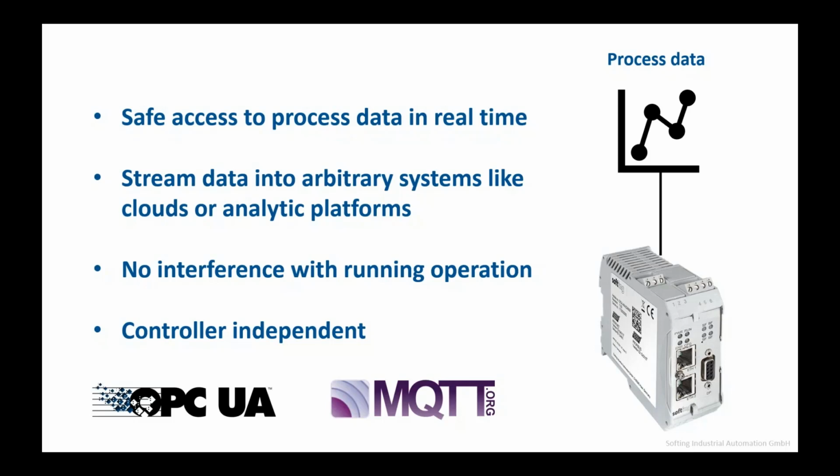Because of course, when we're talking about process data, we are directly sitting inside the automation network, and there is a lot of stuff that is critical, crucial, and can't be harmed by hackers or whatever. Cybersecurity is a big issue by now, of course, and you don't want any people to get in without permission. So the data just has to come out and be transmitted via enclosed but standardized protocols like OPC-UA or MQTT, to make those cloud systems, analytic systems, or arbitrary systems you might want to have the process data in.